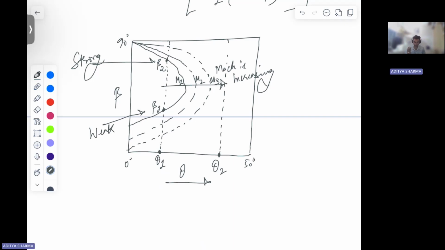Which basically means that not for all theta values will you have an oblique shock wave solution. So there is some value, this is theta for Mach 1, so this is theta max. Beyond this, you're not going to get any oblique shock.